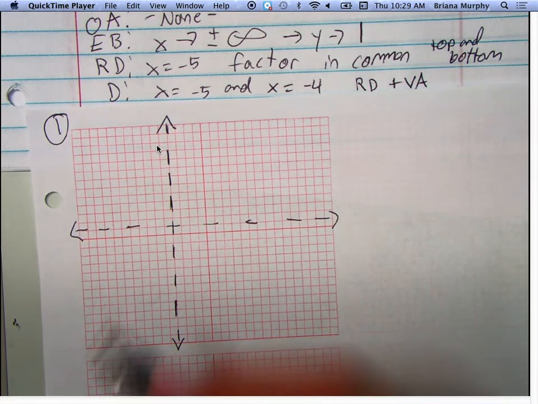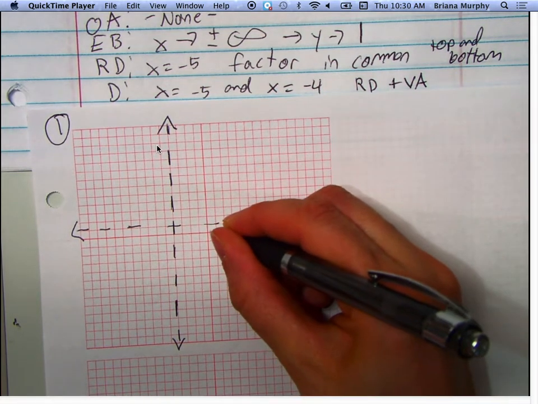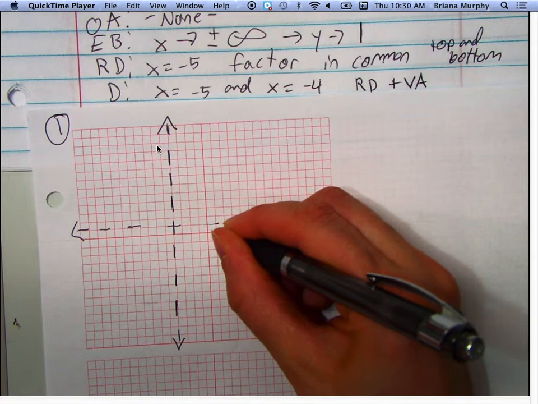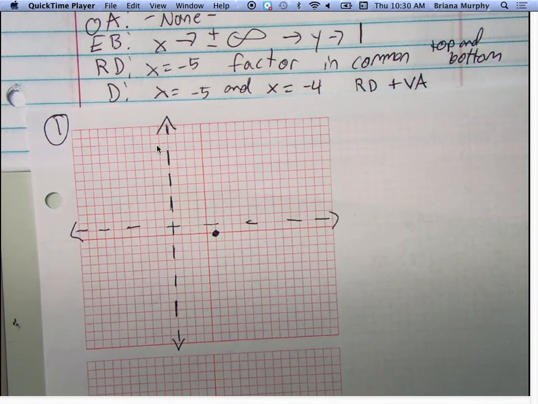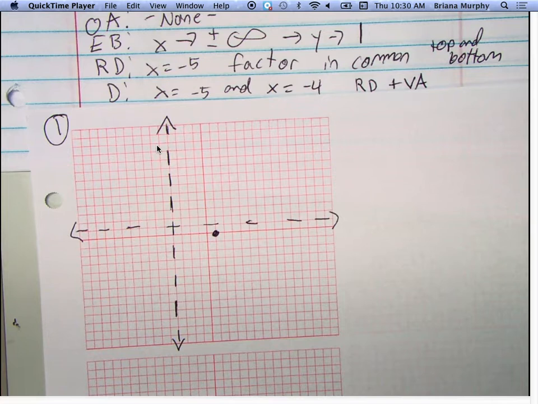So I'm going to put a little dot at x is 1. Okay? So far, so good? Right? And I've got a removable hole. Do I have to graph the removable hole? Let me see.